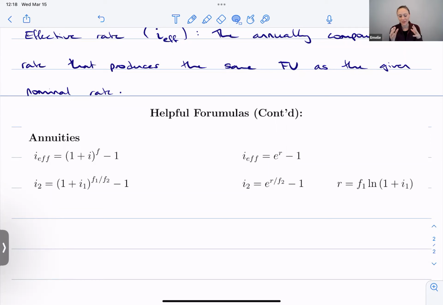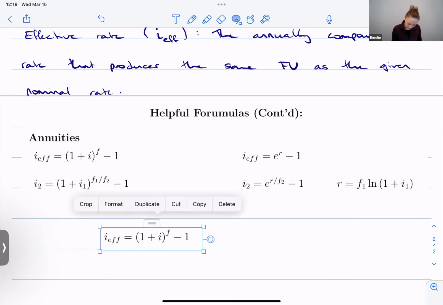Eventually we'll have to change our compounding frequency to match the payment frequency, and so there are a couple of formulas that we're going to need. But first, let's talk about this one. So this is the effective interest rate, the annually compounded rate that produces the same future value as the given nominal rate. And let's start with this one here.